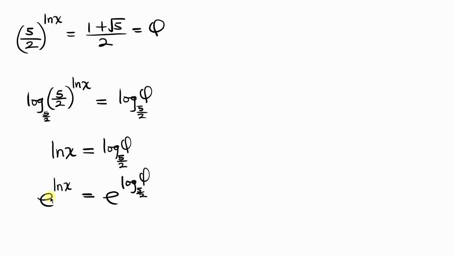Now, from the property of logarithm and exponential, since I have ln here and I have an exponential here, they can both cancel off, leaving just x to be equal to base exponential of log of the golden ratio of base 5 over 2. And this is our final answer.